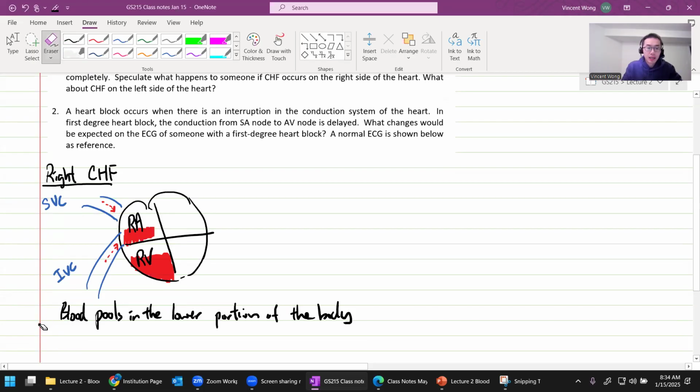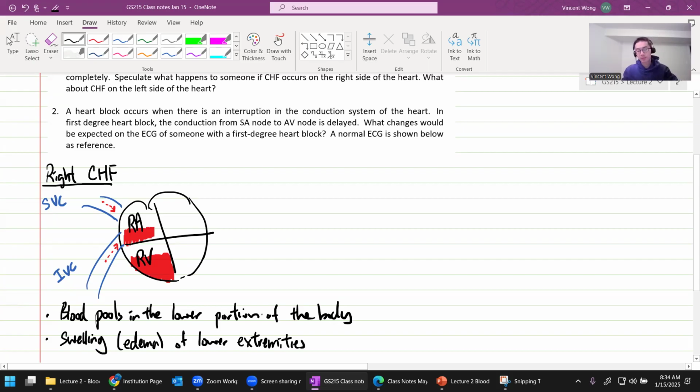And so this fluid that is pushing out is basically going to result in swelling, which is also called edema, of lower extremities. Okay, you're gonna have swelling in the legs, basically, in the foot. So that's what happens if the congestive heart failure happens on the right side.